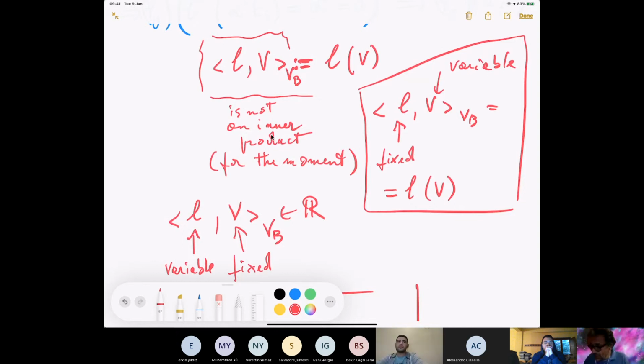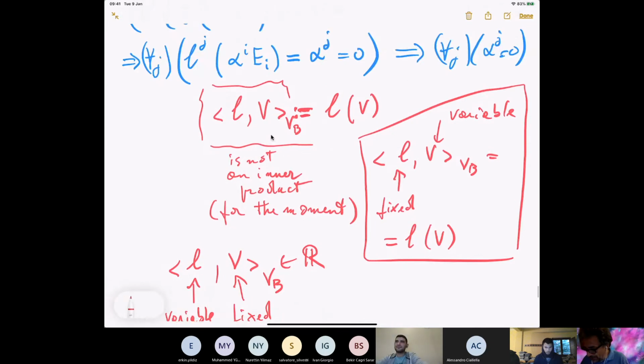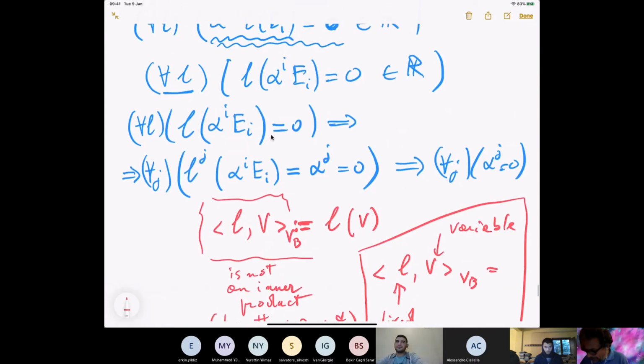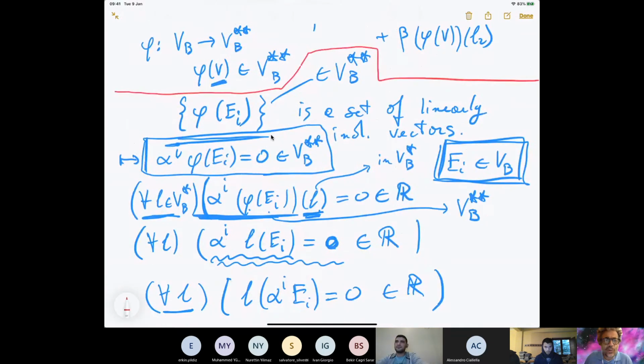So this notation makes evident that the double dual of V is the same vector space as V. It is isomorphic to V. But how to see this in detail?